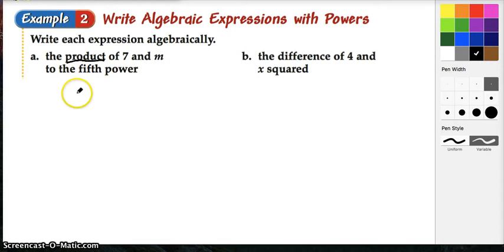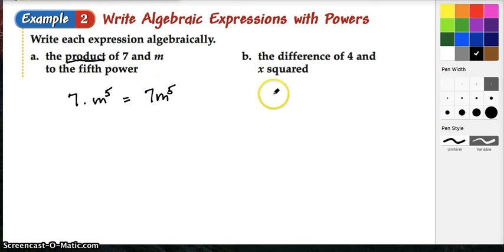Product, we remember, refers to multiplication, so we're multiplying 7 and something else, m to the 5th power. I told you before that when we are dealing with multiplication, oftentimes we don't actually write a symbol down in between it, particularly when it's multiplication between a number and a letter. So in this case, we write 7m to the 5th power.